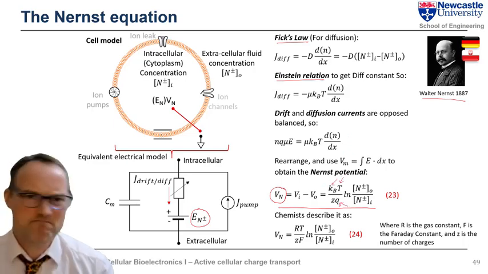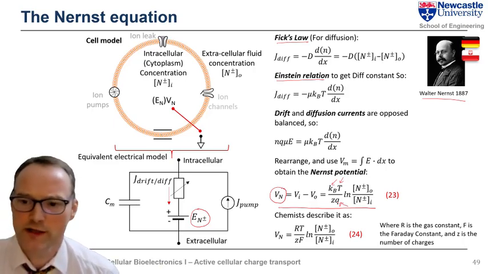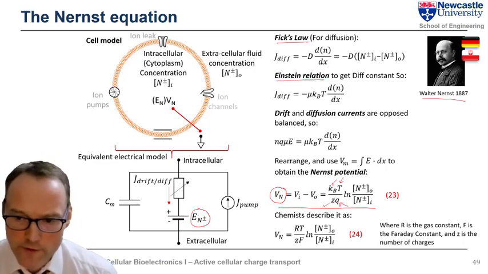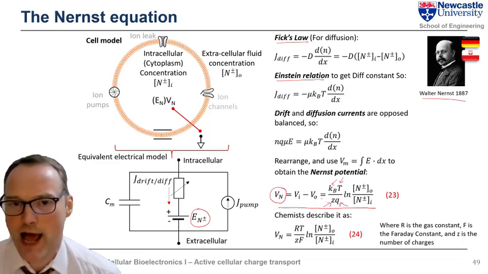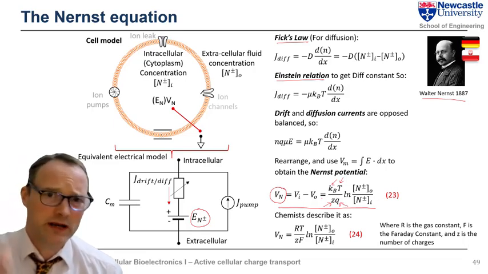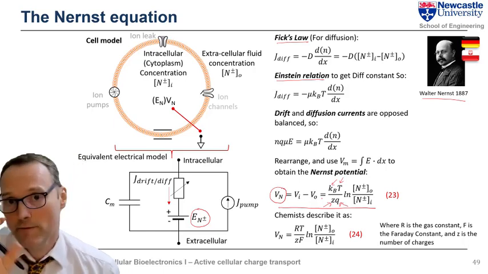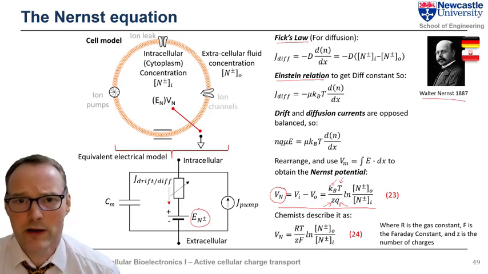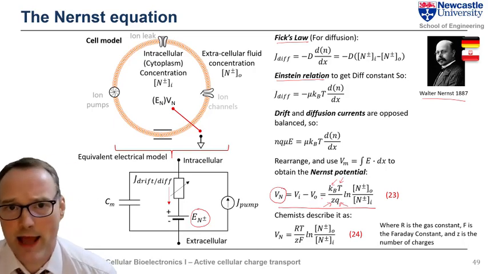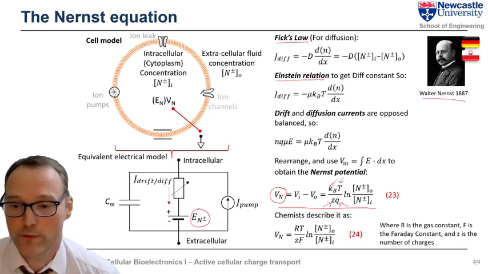So these are just constants. You've got this Z, which relates to the number of charges on the ion. For potassium and sodium, it's +1. Chlorine is -1, and calcium is +2.